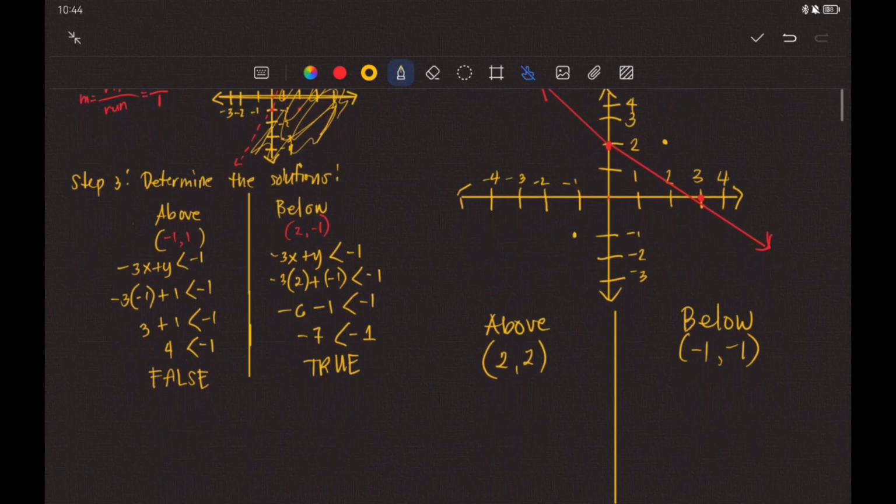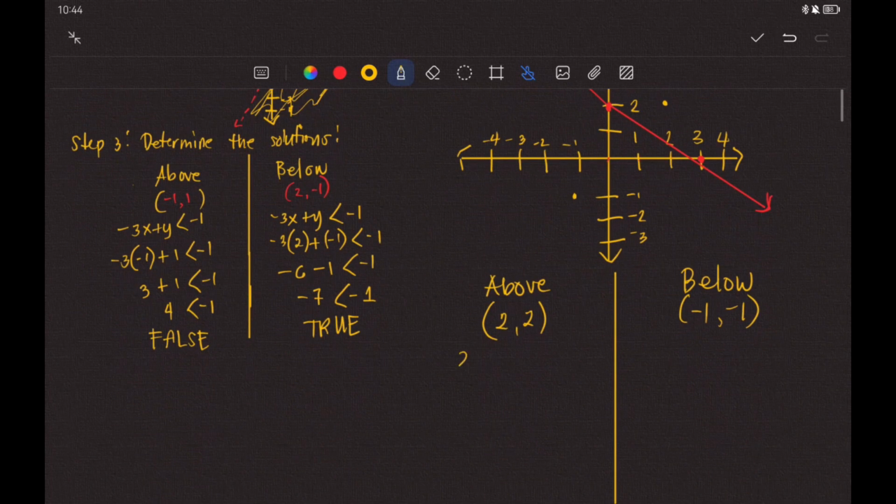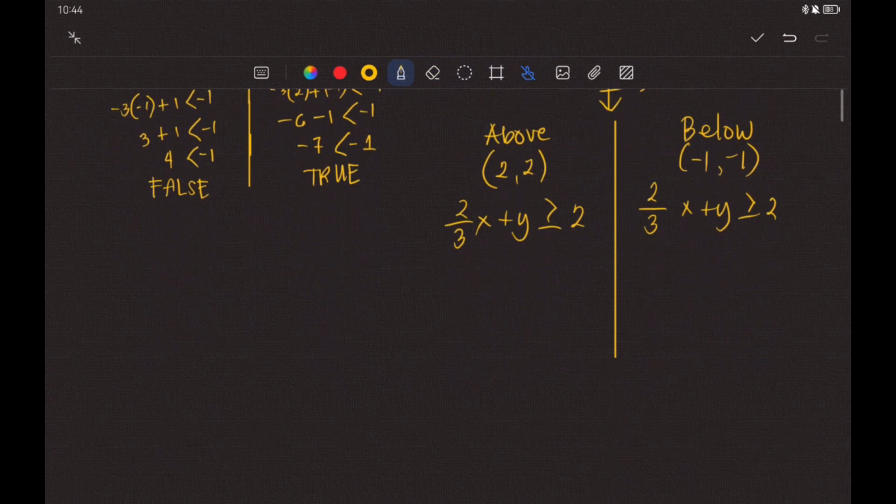Using the given inequality, we have here 2/3 x plus y is greater than or equal to 2. Substitute the given values.